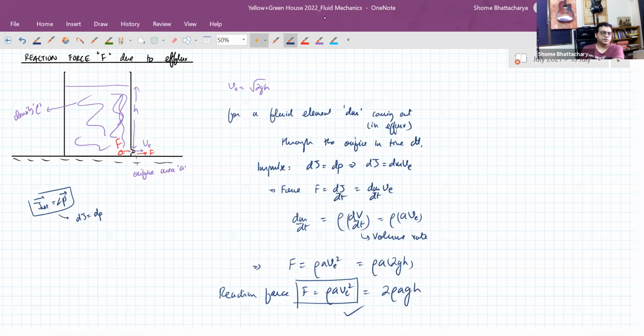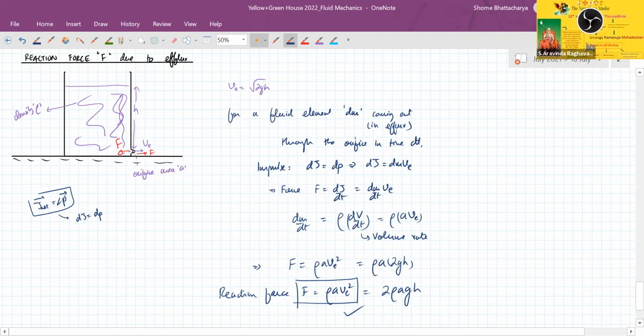Okay, so with this we complete fluid mechanics. Next week we'll move on to properties of matter, in which we'll look at elasticity, surface tension, and viscosity. Elasticity is primarily the property of solid materials, particularly metals or elastic materials like rubber.